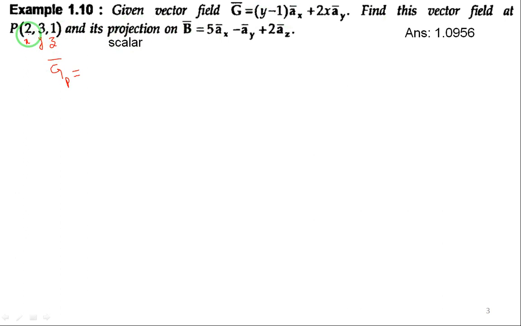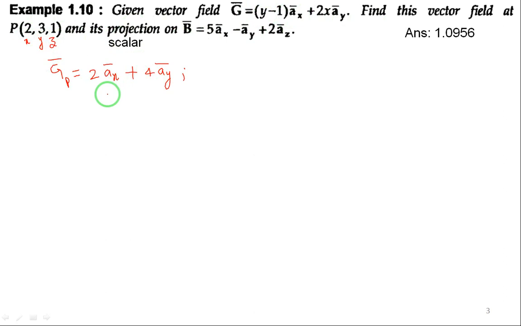Substitute x, y, z in the G vector, that is (y minus 1) ax plus 2x ay. The y value is 3, so 3 minus 1 is 2, that is 2ax. The next is 2 into x, 2 into 2 is 4, 4ay. This is not a big problem, anyone can do it. Okay, G vector at point P is over.